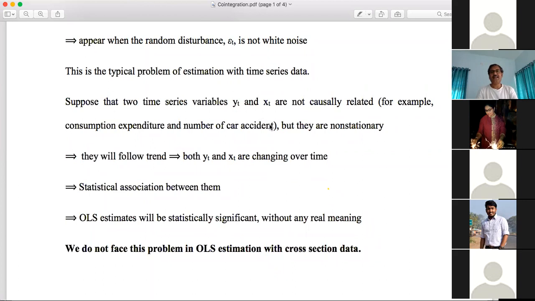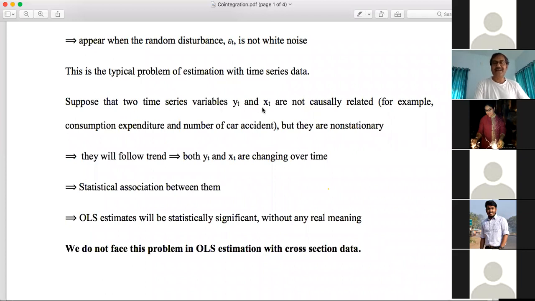So for that reason, if you simply calculate the correlation coefficient between Y and X, you will get a high value of the correlation coefficient. Similarly, if you try to estimate the relationship between Y and X by applying OLS, you will get a high value of the regression coefficient.